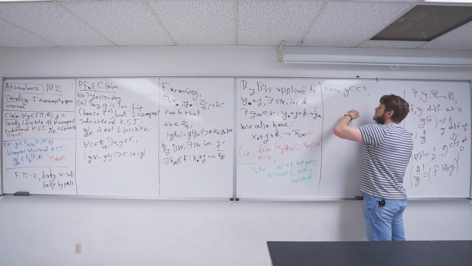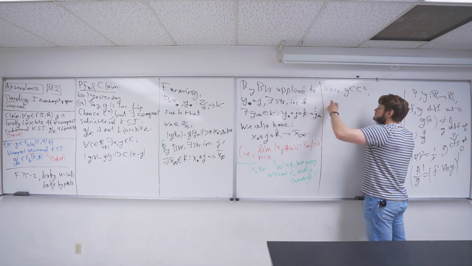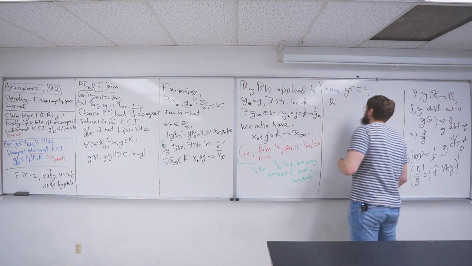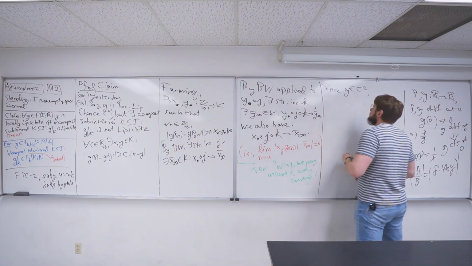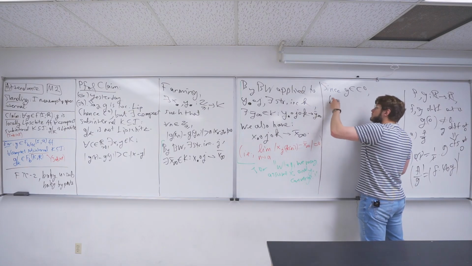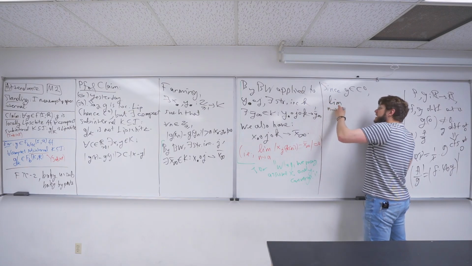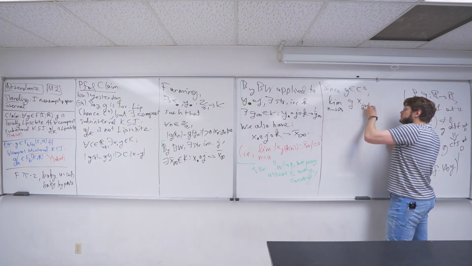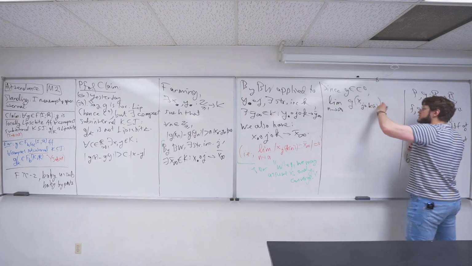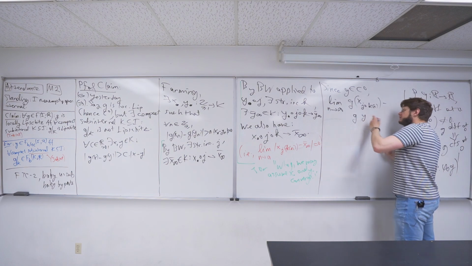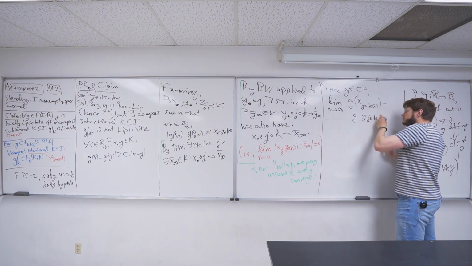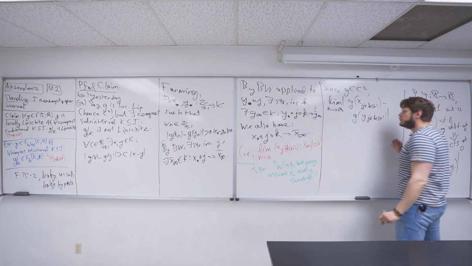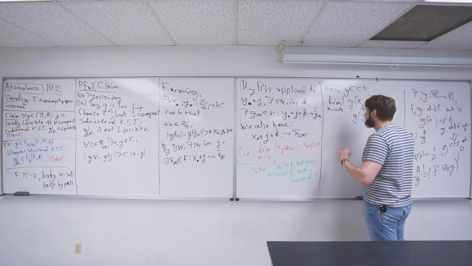Okay? I'll write it like this. Limit as n goes to infinity of |g(x_{j(k(n))}) minus g(y_{j(k(n))})| converges to a finite real number.